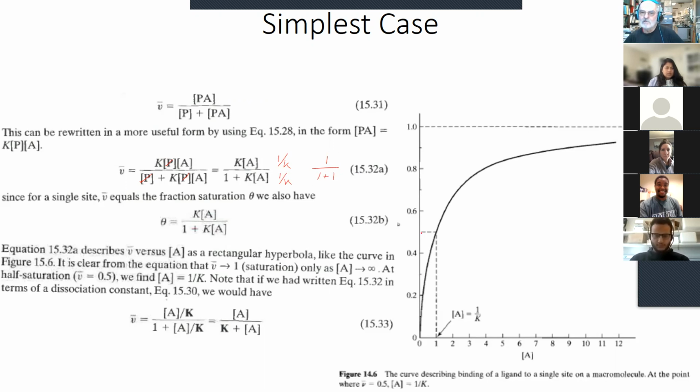Okay, and so the midpoint is at the concentration of ligand when it is equal to 1 over the equilibrium constant. And we're expressing this right now as an association constant. So that's described in the legend down below here. Okay.